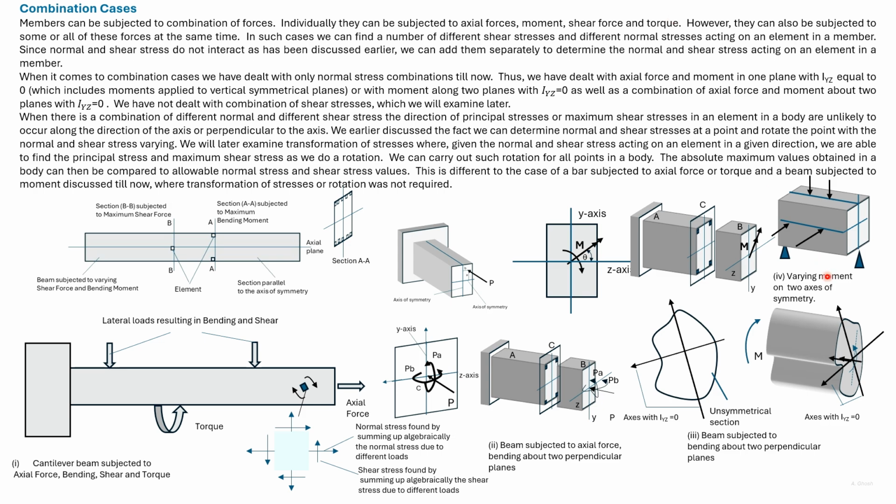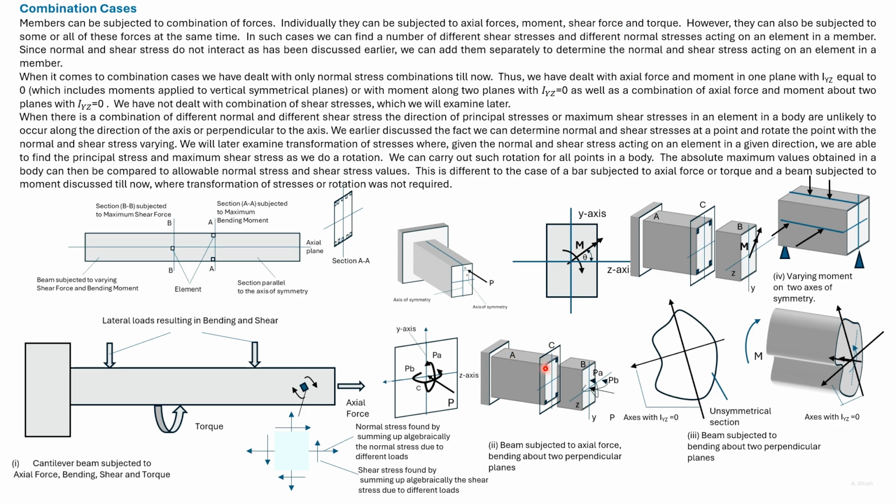We can use the flexure formula and add the stresses algebraically. As we have seen with examples, for these cases, we do not know the point where the maximum or absolute maximum stresses will act.